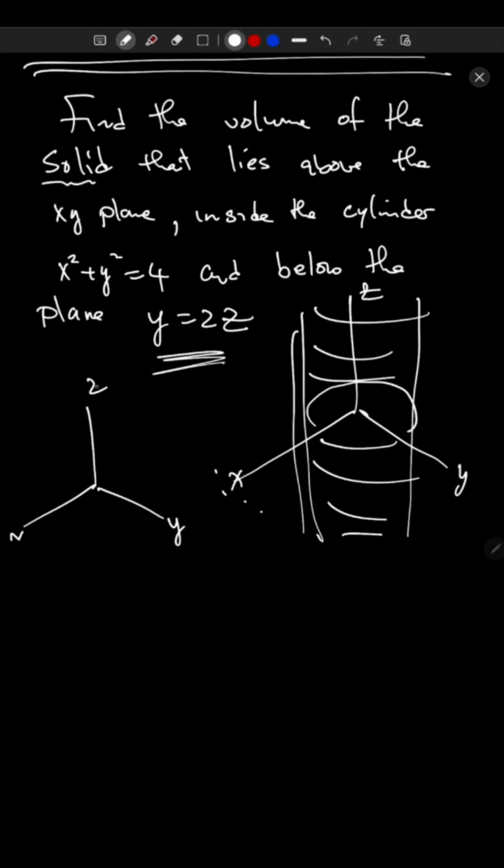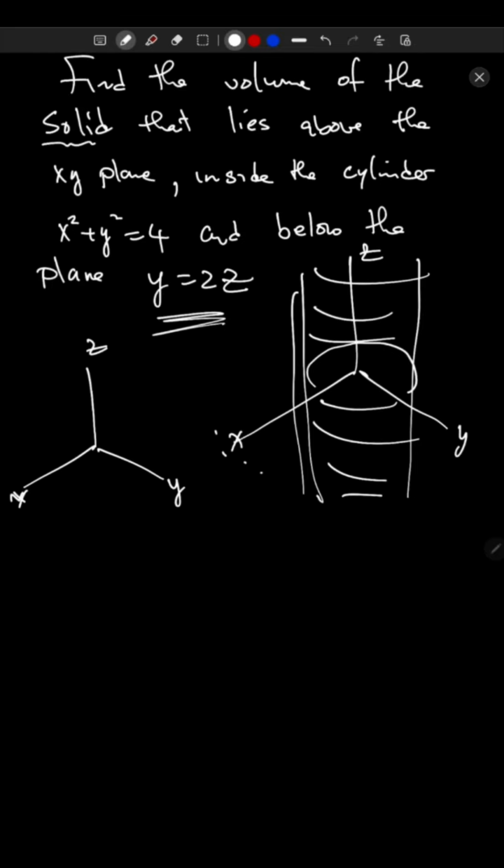So the y equals 2z plane, from the first chapter we did, right? You just draw the y equals 2z in the zy plane or the yz plane. So that's going to be a line, right?